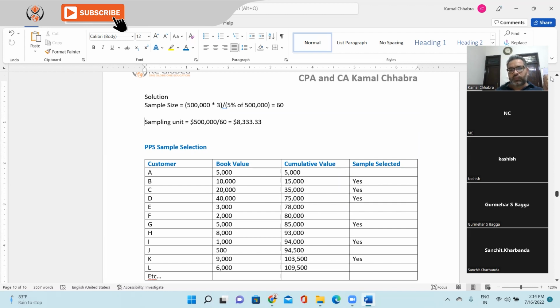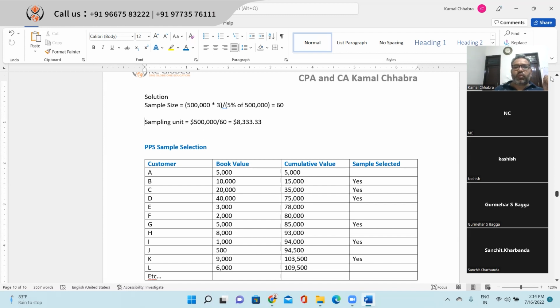Okay. So if 1,03,500 was at the second number instead of 15,000, then 1,03,500 would have come into your scope. Yes, but 1,03,500 comes into scope and then we add it, it becomes 1,11,500 something, right? So with 35,000 would the next sample be selected?